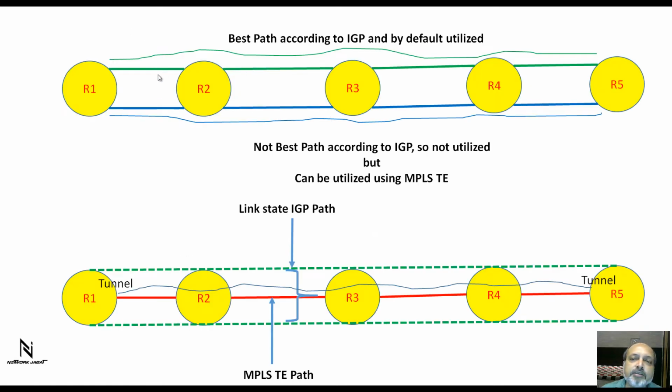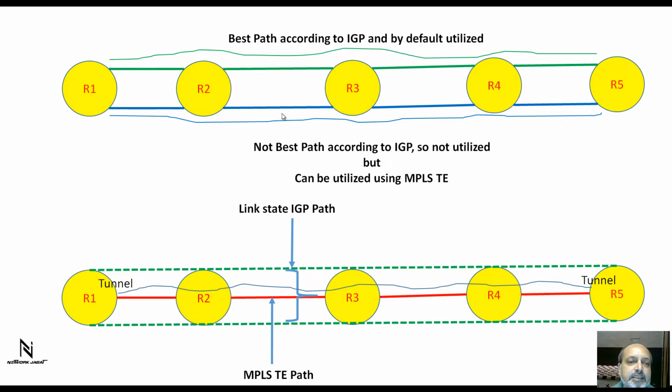Just for the sake of our discussion, let us consider these are two paths which have come into the hands of CSPF. Now, this green path has a minimum bandwidth of 50 Mbps, and this blue path has a minimum bandwidth of 75 Mbps.